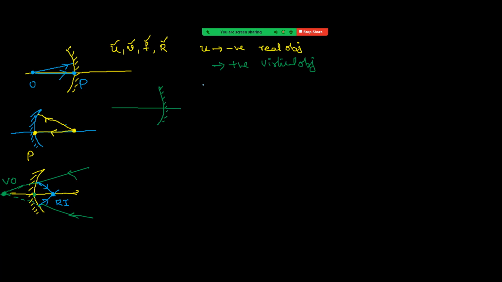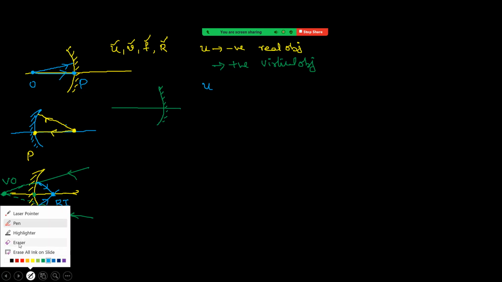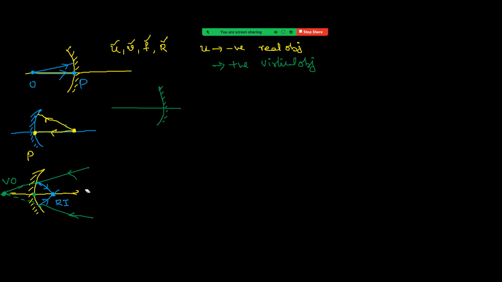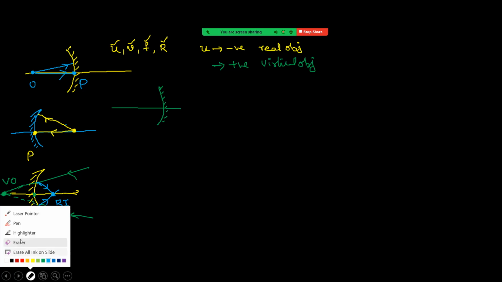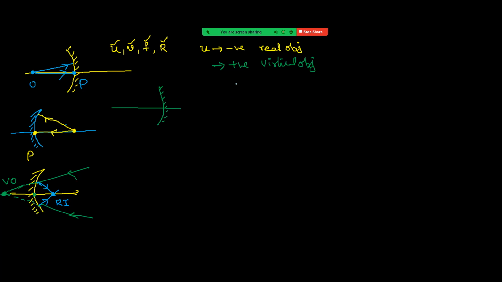Therefore, it is v for image. So v is negative for a real image.